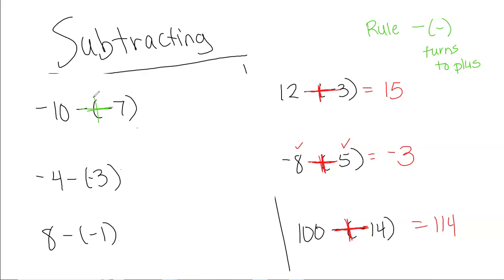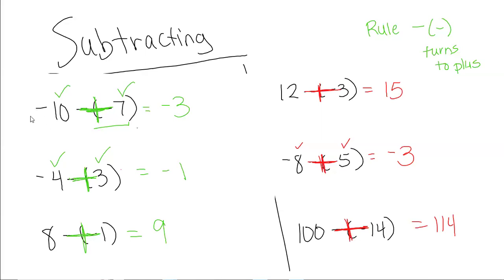Minus minus turns to plus. You owe me 10, plus you give me 7, you would still owe me 3. Minus minus turns to plus. You owe me 4, you give me 3, you still owe me 1. Minus minus turns to plus. 8 plus 1 is 9. So that's what you do if you have a minus minus.